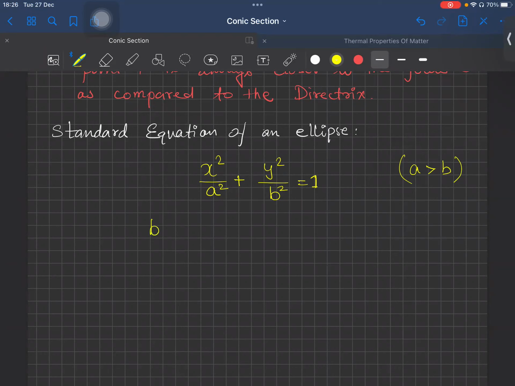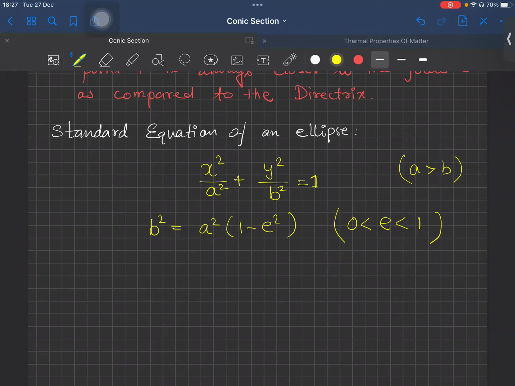And b square is equal to a square into 1 minus e square. E is your eccentricity. E is always greater than 0 and less than 1. Understood?